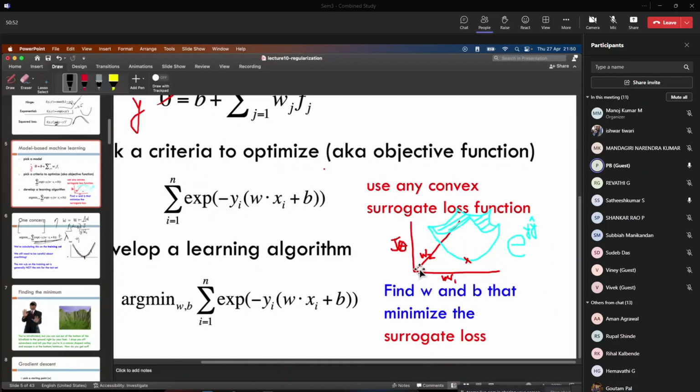So I have tried to make two axes. One is W1, the other one is W2. You can call them by any other name. If you want to call it theta, that is also okay. If you want to call it beta, that is also okay.